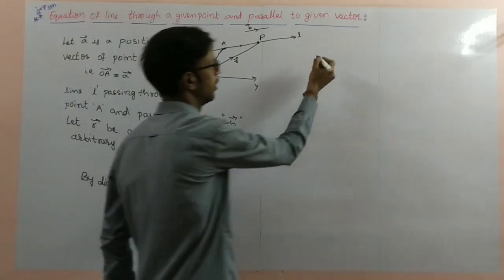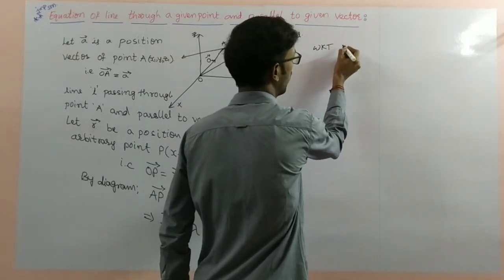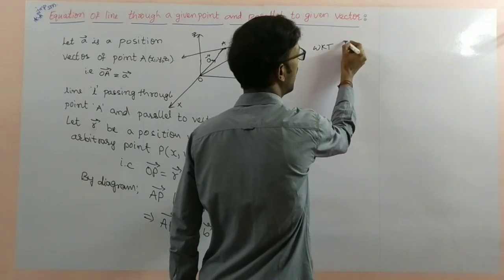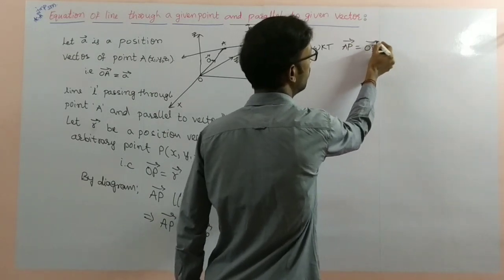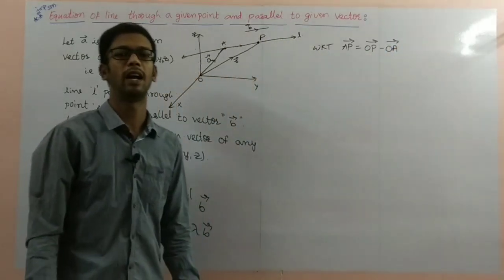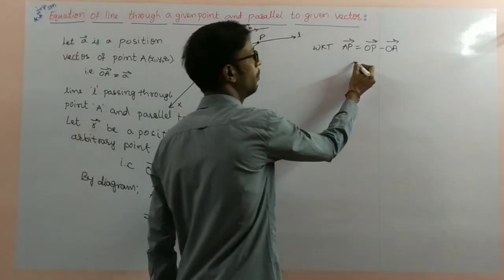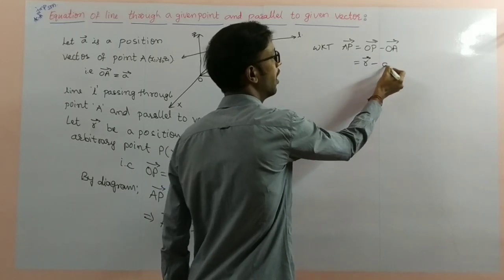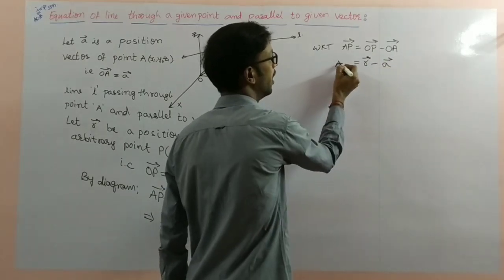We know that AP bar equals OP bar minus OA bar. What is OP bar? OP bar is R bar. OA bar is A bar.